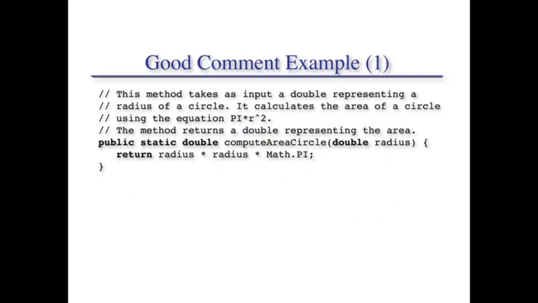A good comment example: suppose you are writing a method like computeAreaCircle, and within it you are passing a double radius, then performing radius times Math.PI. This is a small function, but if you want to give comments for any function, useful information might be what the inputs are, the radius of a circle, and that the method returns a double.